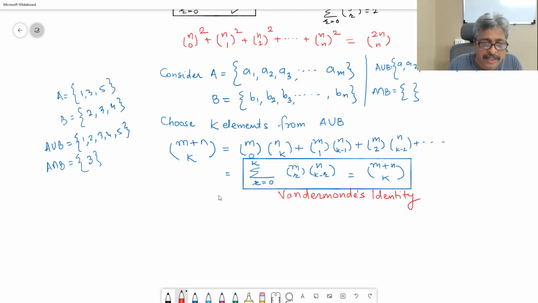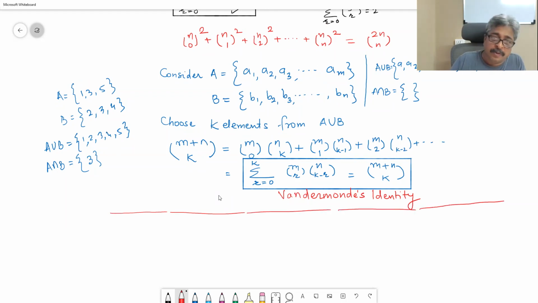Second way of looking at this identity is: consider 1 plus x raised to m. How will it look like?